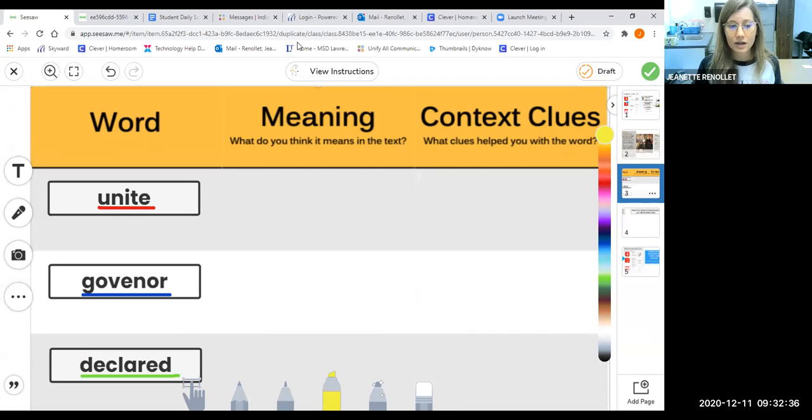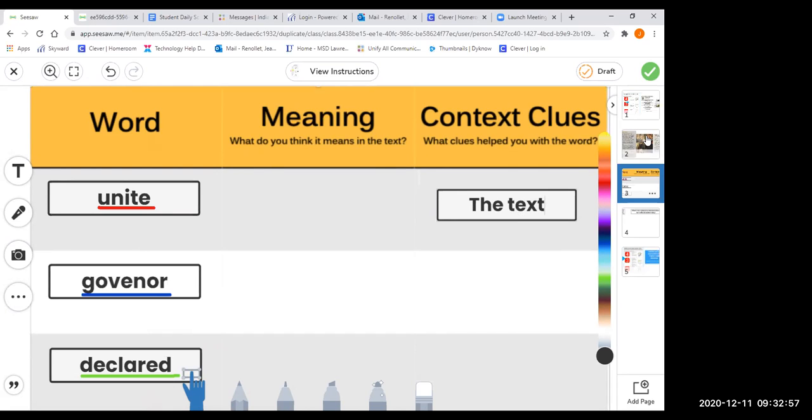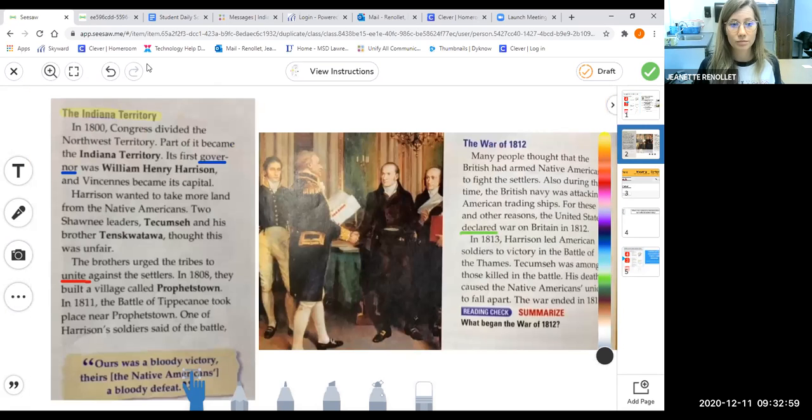I am seeing some students who are writing things like, the text. That's not a context clue. Your job is to tell me what clues in the text helped you.